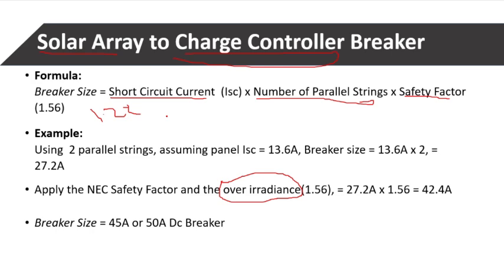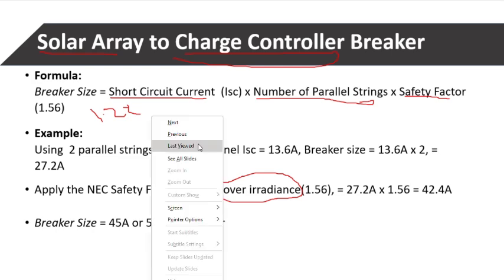Sometimes they can operate at more than that, so you have to take that into consideration also. And you have to oversize your breaker, because when these panels start operating above their rated capacity, your breaker should be able to withstand the excess current coming from your solar panels.